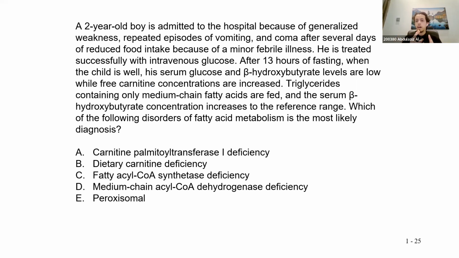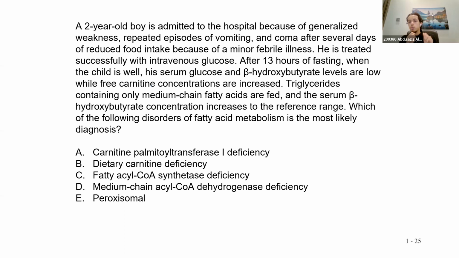So the difference here is that the answer is actually A, CPT1 deficiency. Why? Because of two things. He cannot make ketones unless they're medium chain, because what we said before is that medium chains can enter the mitochondria simply. They can simply diffuse. However, long chains require carnitine.